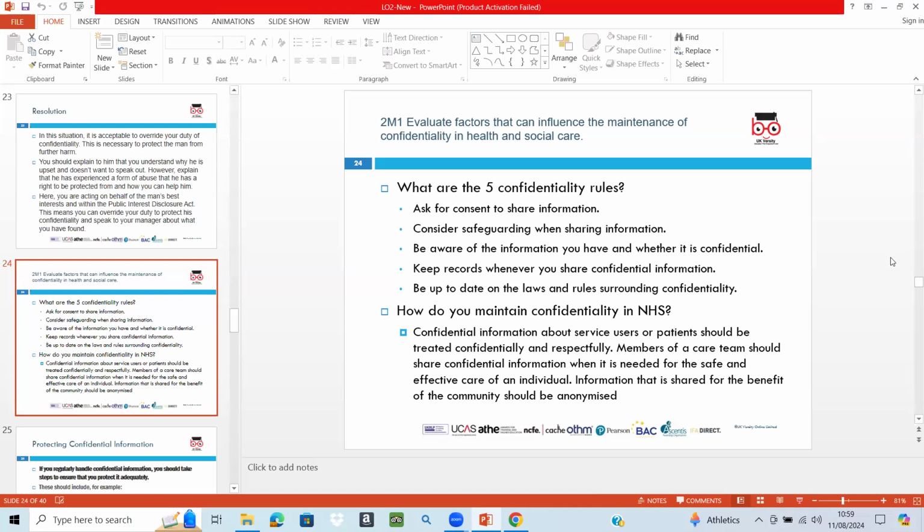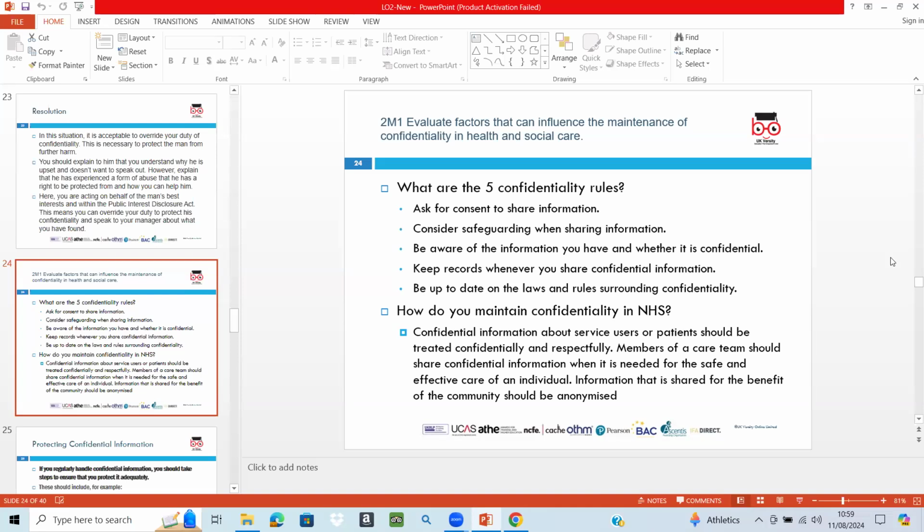Then we have to stay up to date on laws and rules surrounding confidentiality. Healthcare providers must be familiar with the latest laws and regulations regarding confidentiality.